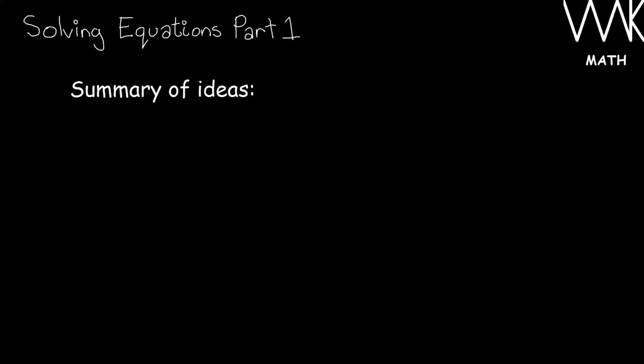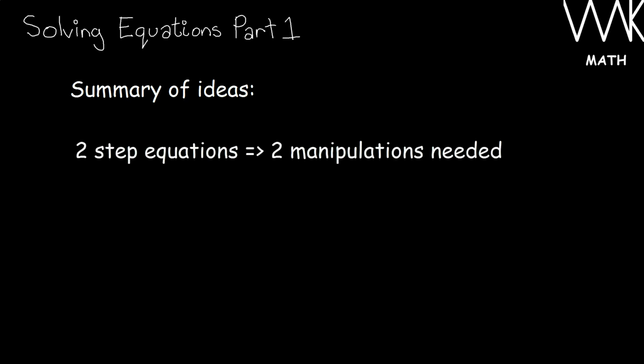Let's review the key ideas about solving two-step equations and how these ideas can help you solve some two-step equations. Generally speaking, if there are two-step equations, you really need two manipulations to get to the final answer. These manipulations can be a combination of addition, subtraction, multiplication, and division.